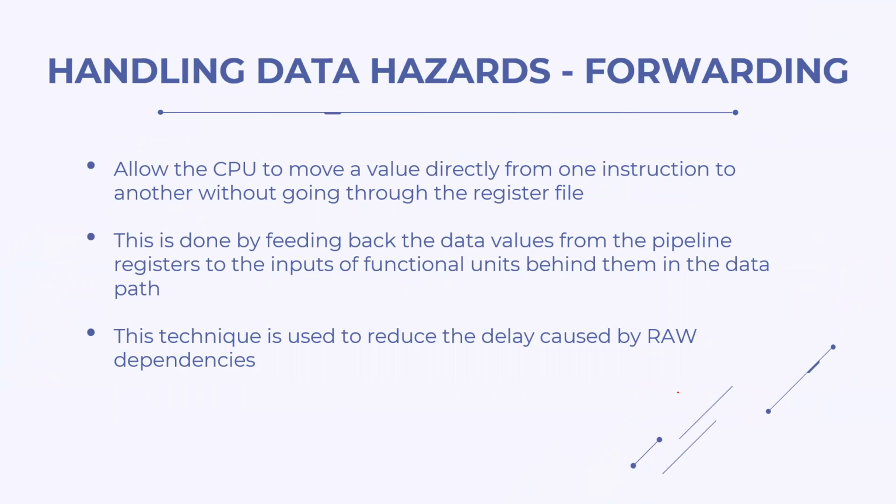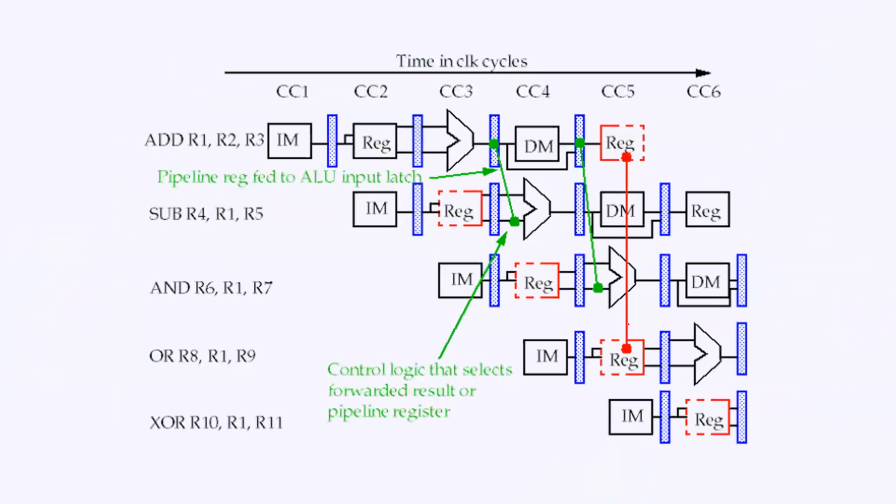Now let's see how we are going to handle the data hazards. To handle the data hazards, we use a technique called forwarding, which is also known as bypassing. Here, let's just take these two statements as an example. In the first statement, we are adding the values of R2 and R3 and storing it in the R1 register.